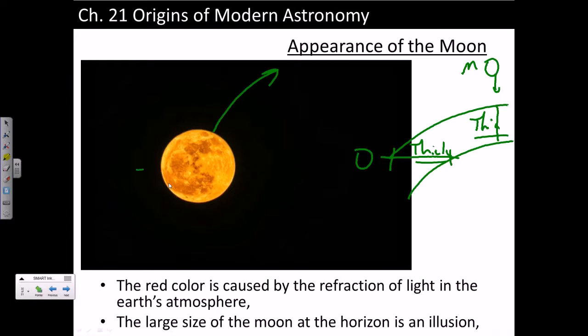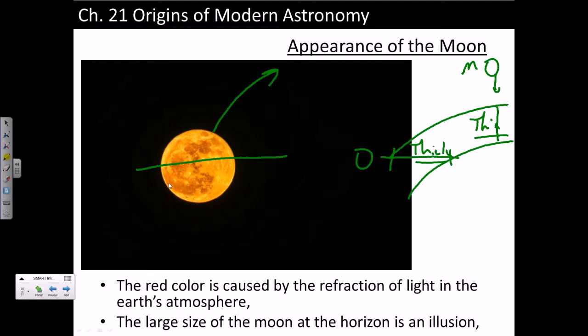The other thing that you notice is that when the moon is at the horizon, it can look huge, right? It can be looking sort of massive. That is not real, okay? That's an illusion, and it has to do with how we perceive things at scale.